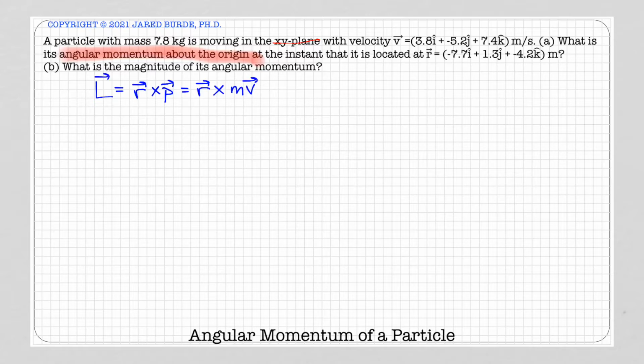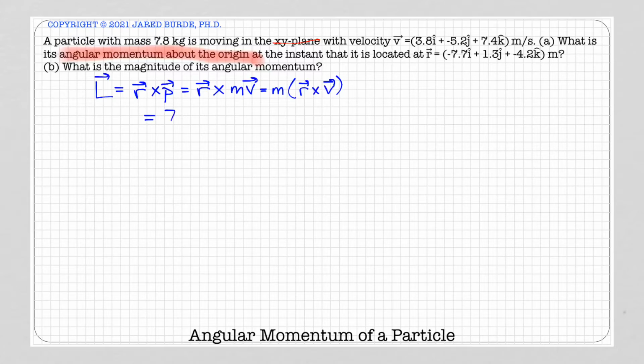For the sake of simplicity, because we have a bunch of decimals here, instead of multiplying m and v to find p at the beginning, what I can do is factor out that m, since it's a scalar, it's just a number. I'm going to go ahead and find the cross product of r cross v first, and then I can multiply in the mass later to make this a full angular momentum.